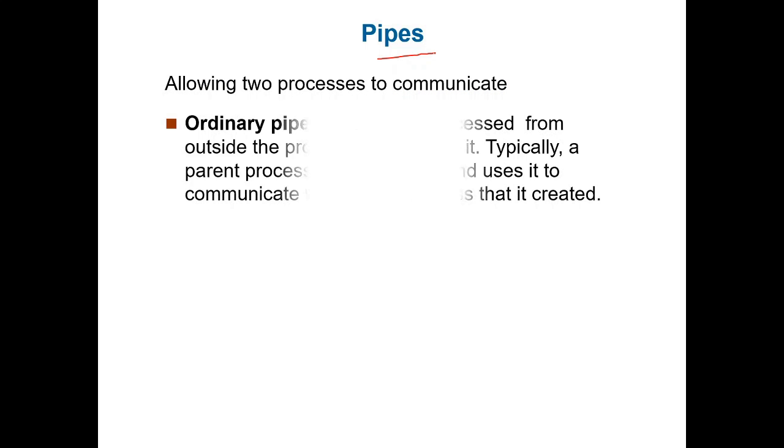Using these pipes, especially the parent process sends the messages to the child process. Whenever the parent process is created, it also creates anonymous pipes through which it can send messages to child processes, where messages can be exchanged between these two processes, send and receive, allowing two processes to communicate.